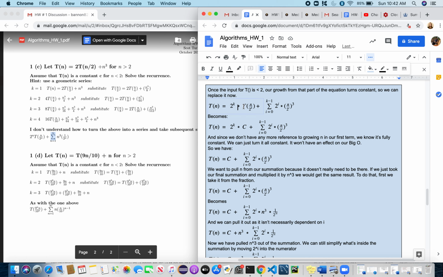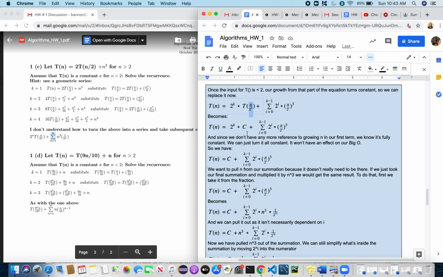So we're going to look at this first term in here, and we know that once it hits 2, it's going to be constant, and we also know that n is supposed to go from 2 to infinity, and eventually the denominator of this, n over 2 to the k, k is going to get big enough such that whatever n is, the 2 below is going to be growing more quickly.